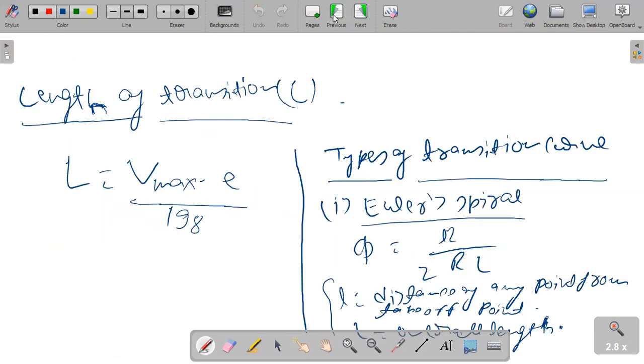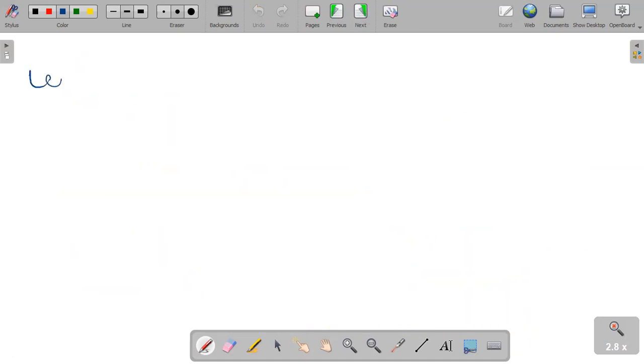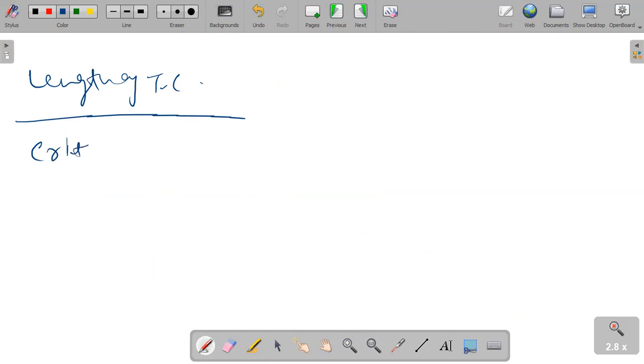We already discussed the length of transition curve, and we have a table for this, with criteria and desirable value, variable value, and minimum value.